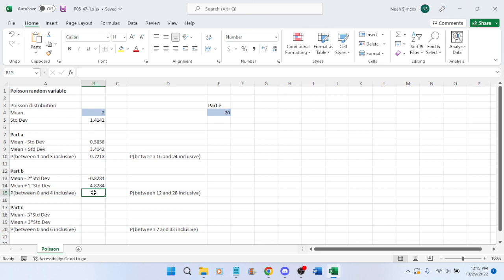Round up or down? This one you round up for no reason, and for this one you round down. It's a 4.8. It makes no sense.